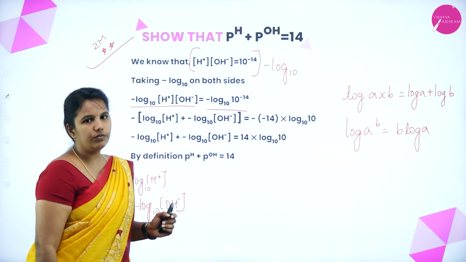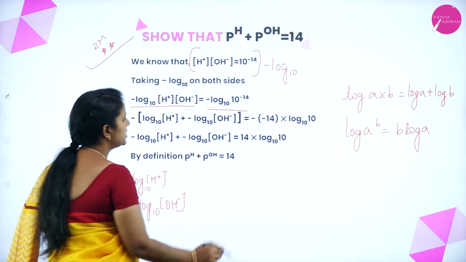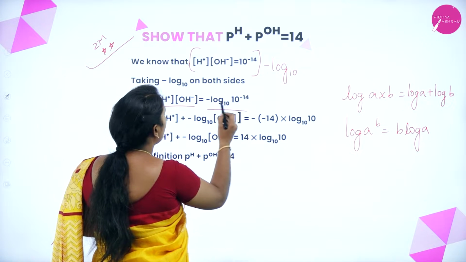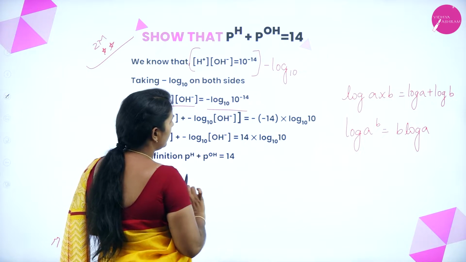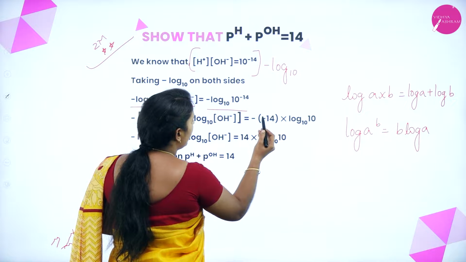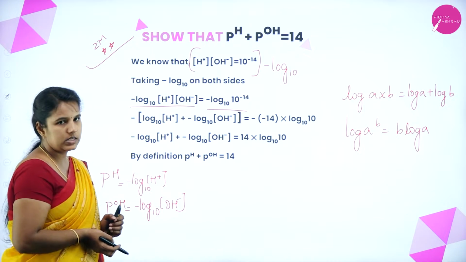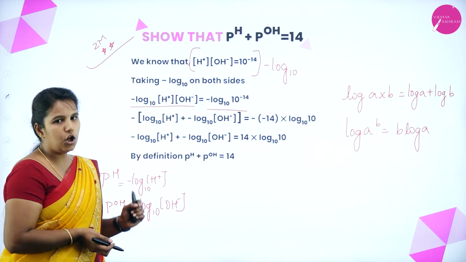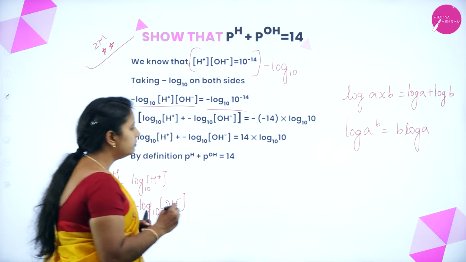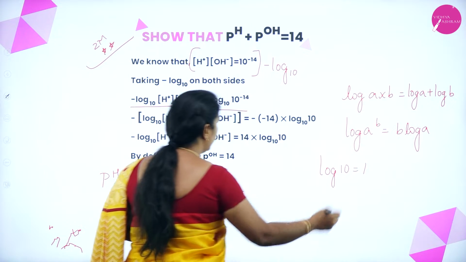Because the log of A into B is equal to log A plus log B. And similarly, the right side looks like log of A to the power of B, so I can rewrite it as minus of minus 14 into log base 10 of 10. We know that the log 10 value will be 1.